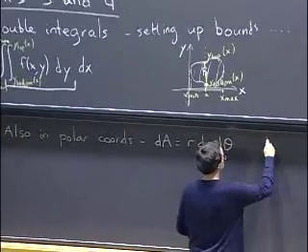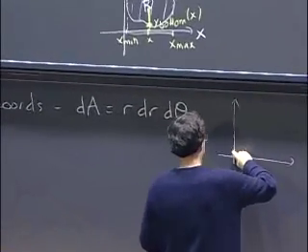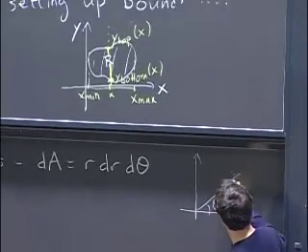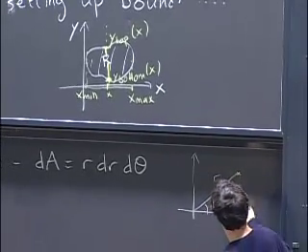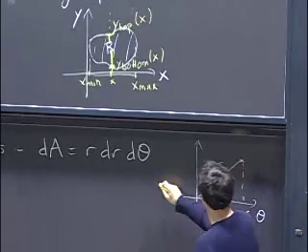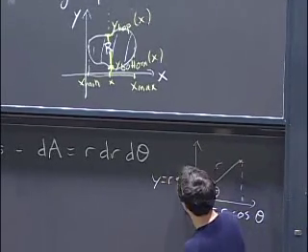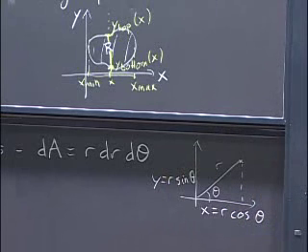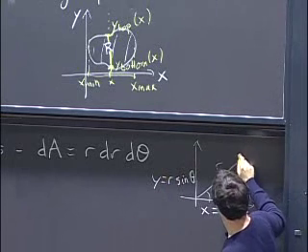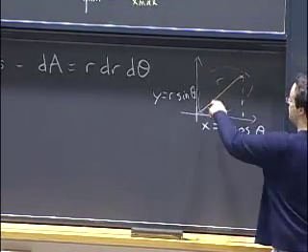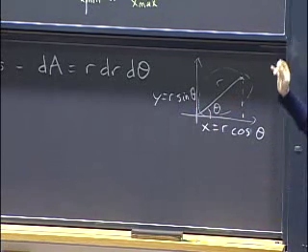And because you integrate first over r, well, first of all, you should remember the polar coordinate formulas, namely x equals r cosine theta and y equals r sine theta. And second, you should remember that what we do when we have our region is for a fixed value of theta, we look for the bounds for r just like before.